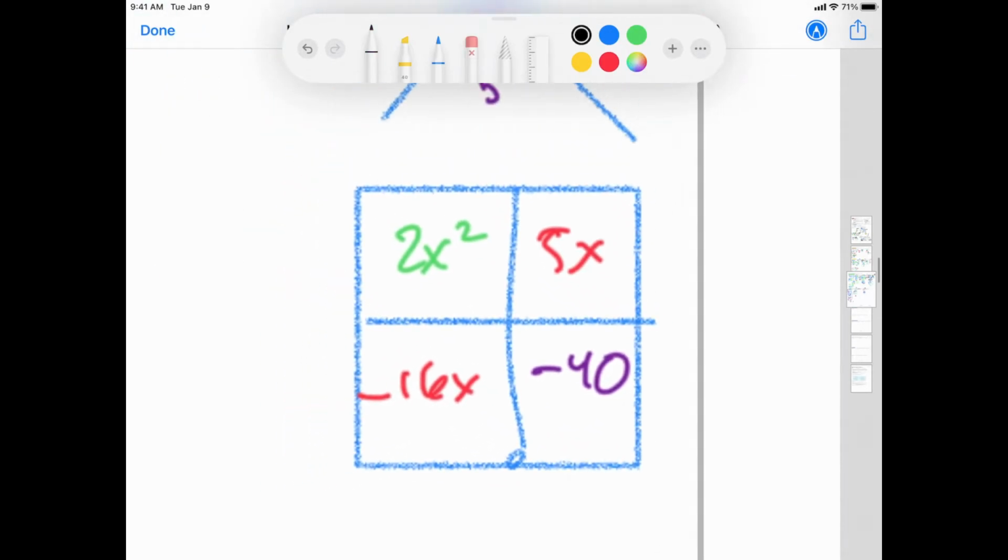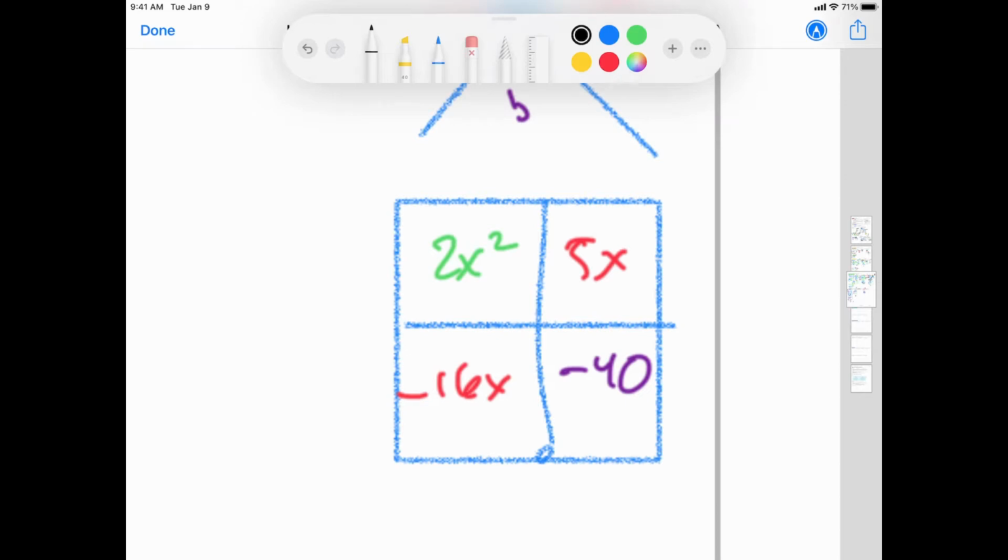Okay. Top row, the GCF is x. Bottom row, negative 4. Is that right? Left column, 2x. Now I know why this is wrong. 2x times negative 4 is not negative 16.